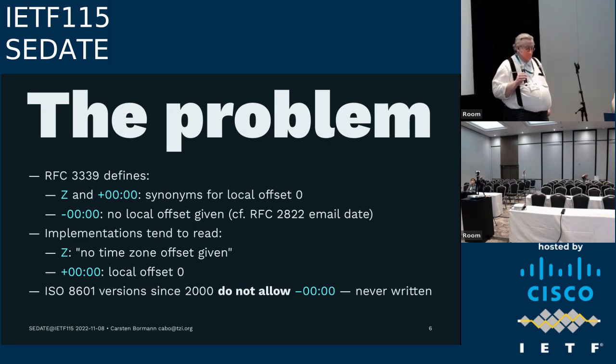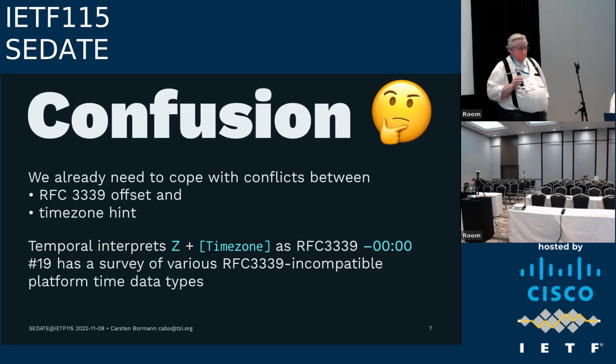So we have an interoperability problem between implementations that implement 3339 and what the majority of implementations out there implement. This is based on a survey that Justin Grant did, which can be found in one of the issues of the SEDATE repository. So next slide. What do we do about that?